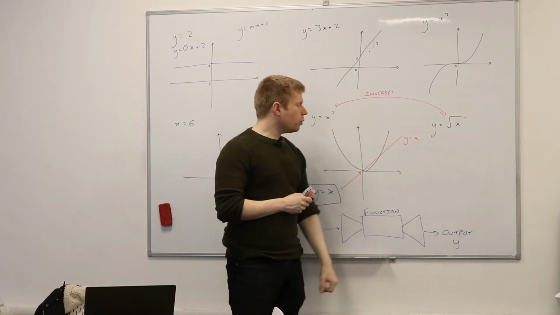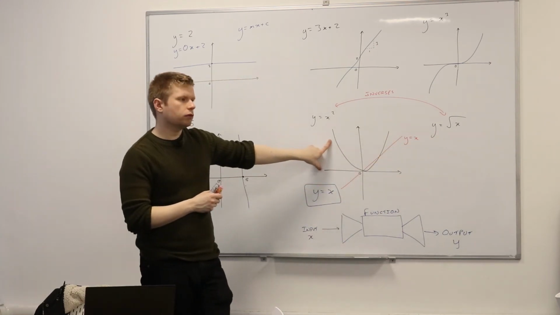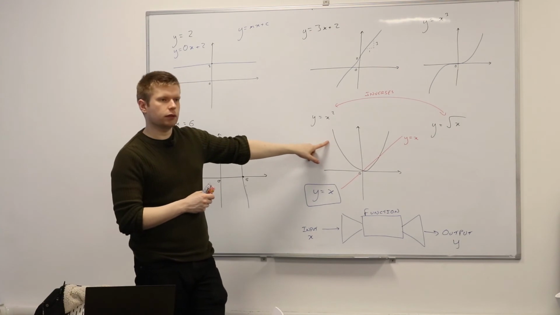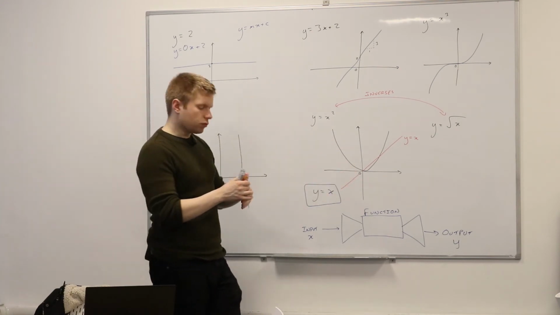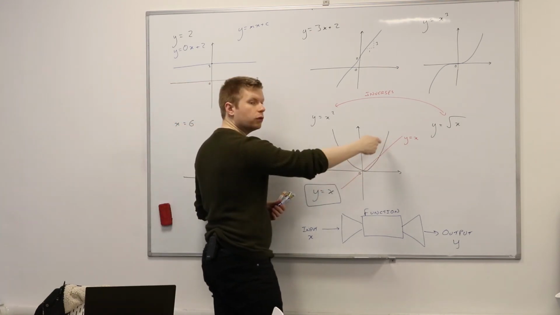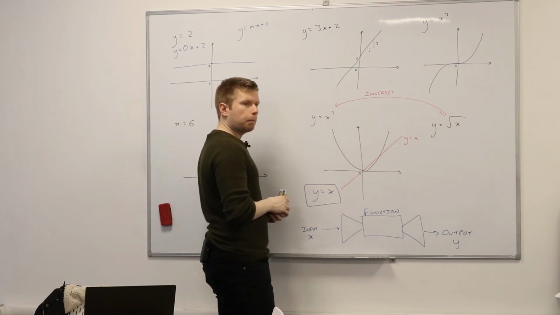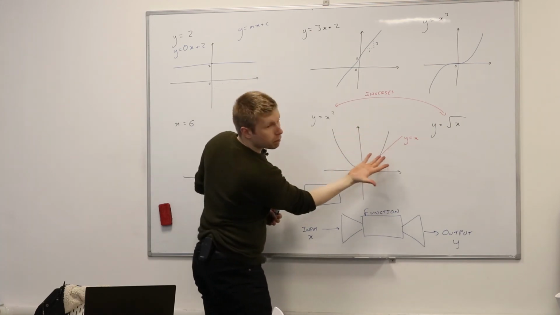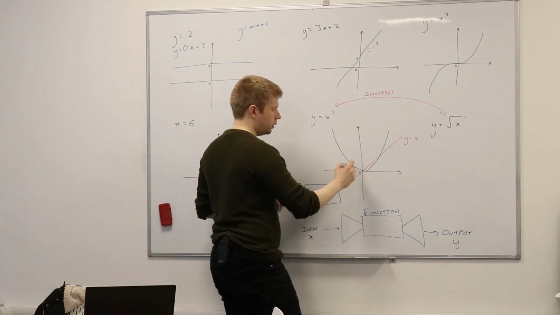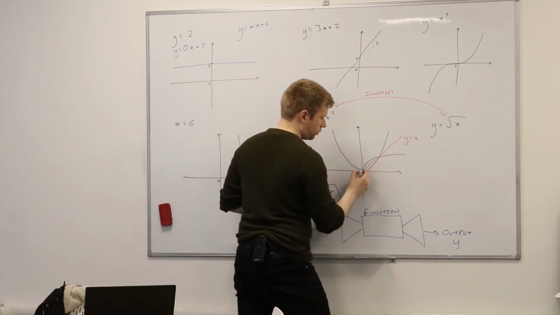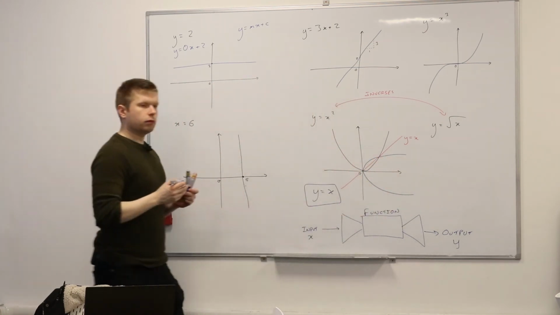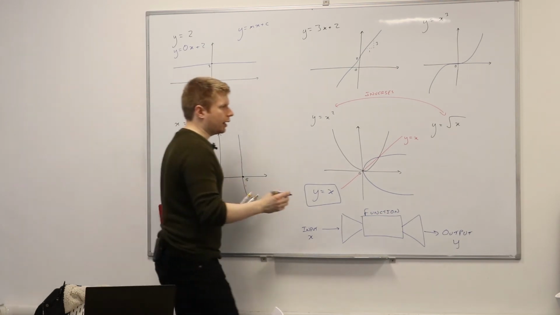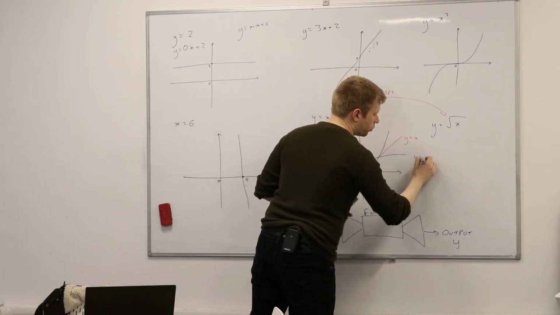So what would happen if I reflect this graph in the line y equals x? Reflected on the x-axis or? Reflects in the line y equals x. Oh, okay. Yeah. It goes like this, yeah. So I get something that looks like that. So that technically is the graph y equals square root of x.